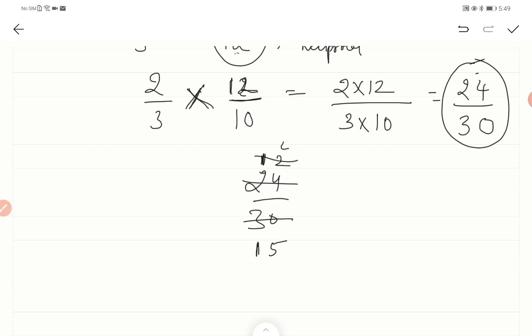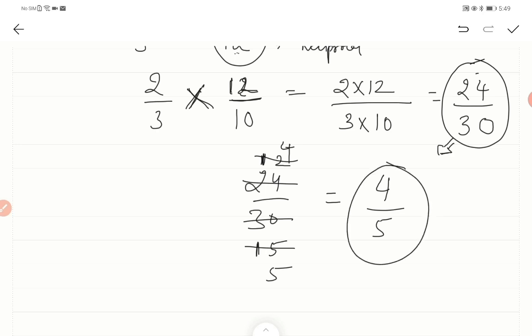So 3 4s are 12, 3 5s are 15. Now I can't cut further because 4 and 5 will not come in the same table. So 24 by 30 is nothing but 4 by 5. So the standard or basic form of 24 by 30 is 4 by 5.